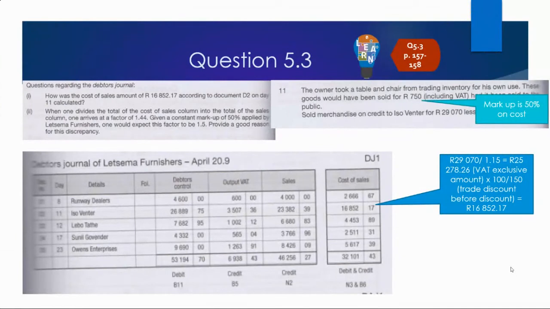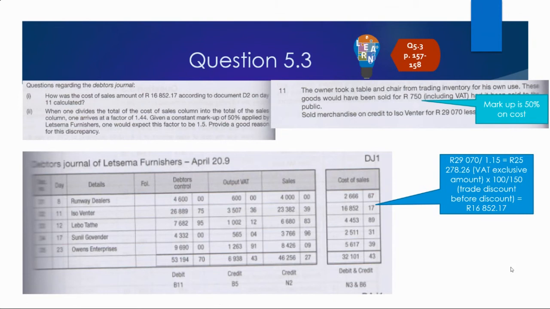Okay, second question. When one divides the total of the cost of sales column into the total of the sales column, one arrives at a factor of 1.44. Given a constant markup of 50% was applied by Letsema Furnitures, one would expect the ratio to be 1.5. Why do you think there is a discrepancy?